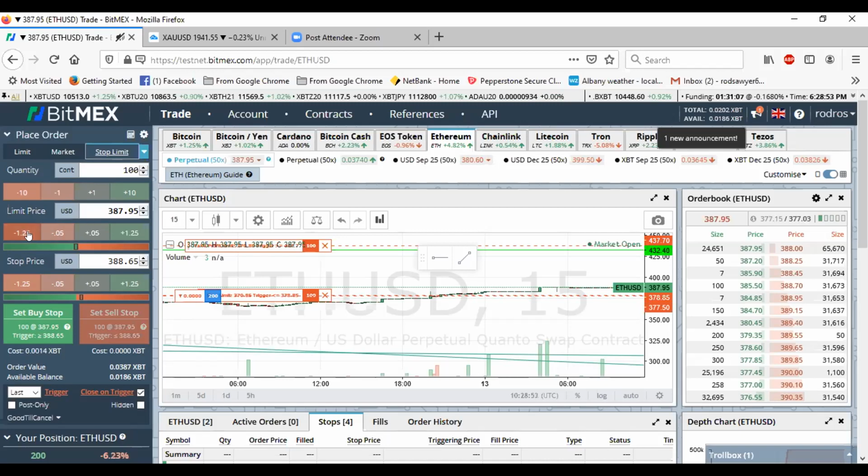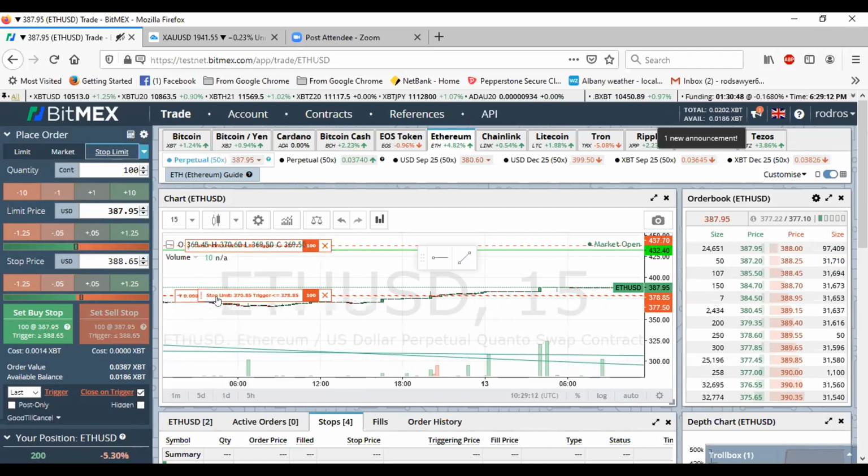What they do is put the stop price in, but then put the limit price a little bit less, which is what this is sitting at the moment, just so it's much easier. You're going to sell for a bit cheaper, but it assures that they will actually get sold.